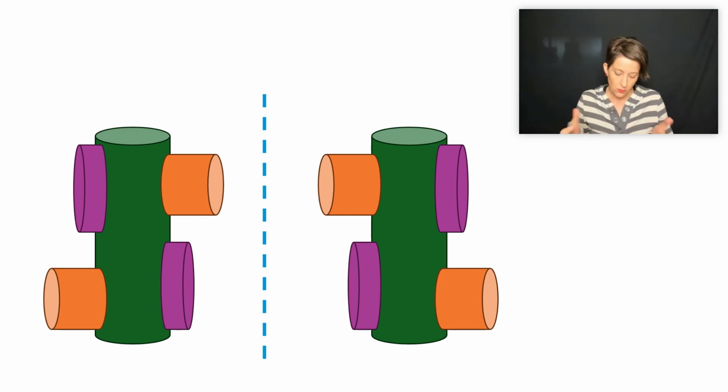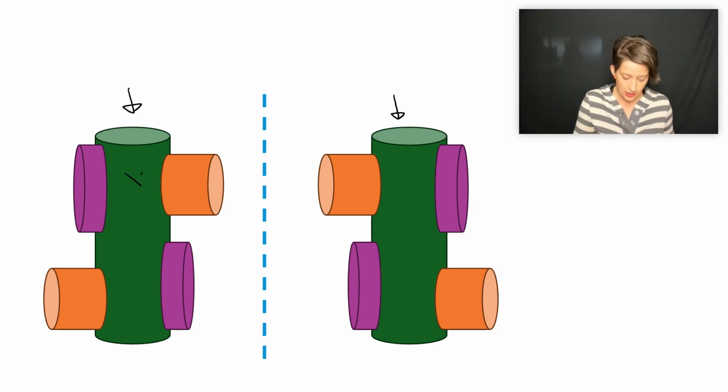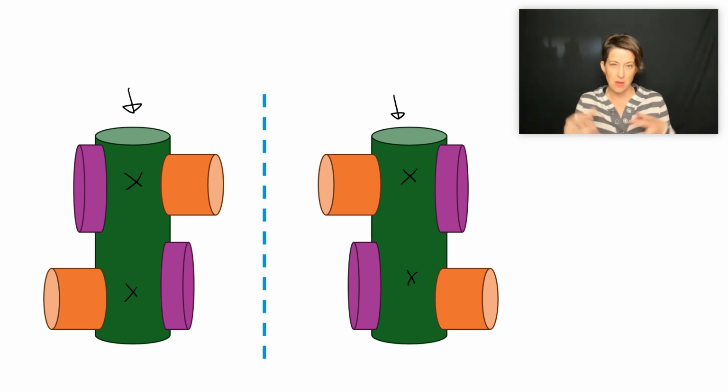So here we can see that the green cylinders are vertical, and we can also tell the way in which they are tilted is the same. And then we have the same groups. So imagine the groups are attached to the same carbon, or they're at the same point on this cylinder.